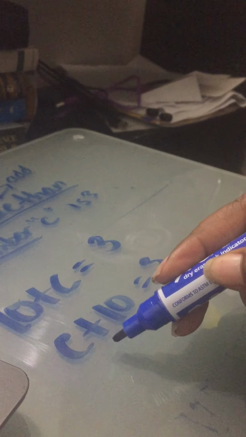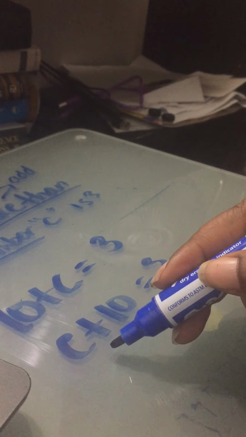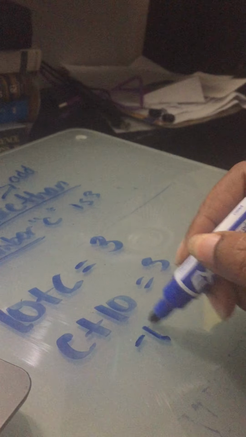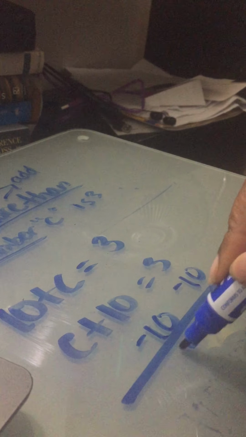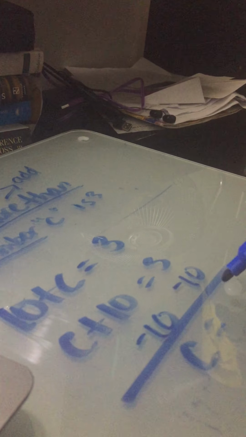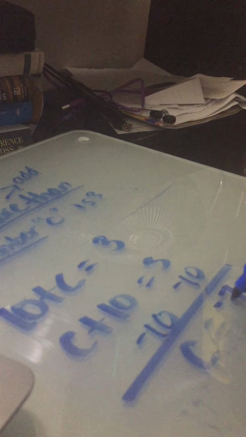All right, so I need to isolate the variable c in order to solve this problem. So that means that I'm going to subtract 10 from both sides. So c is equal to negative 10 plus a positive 3, and that will give us a negative 7.